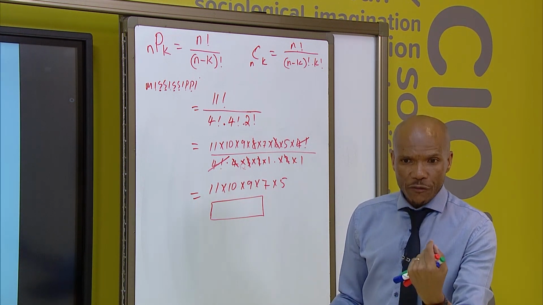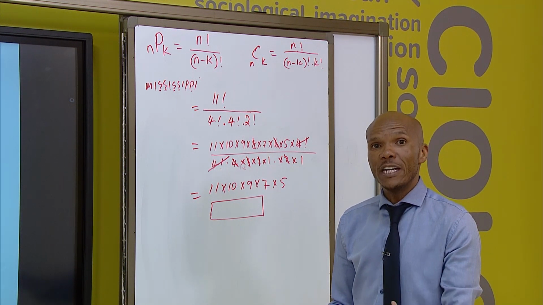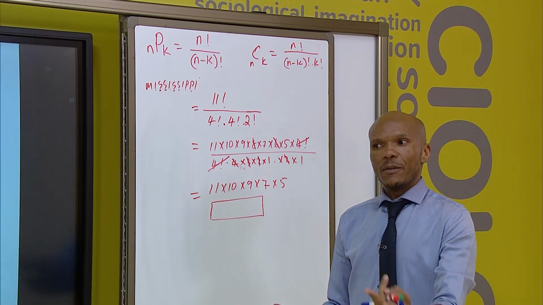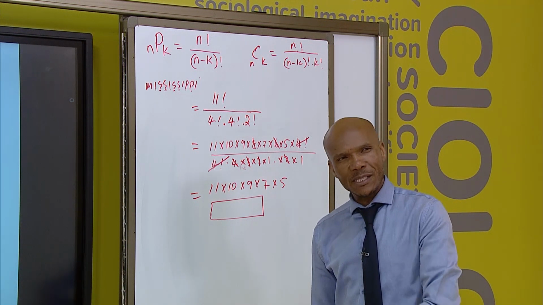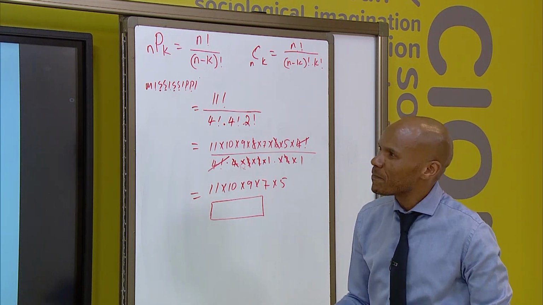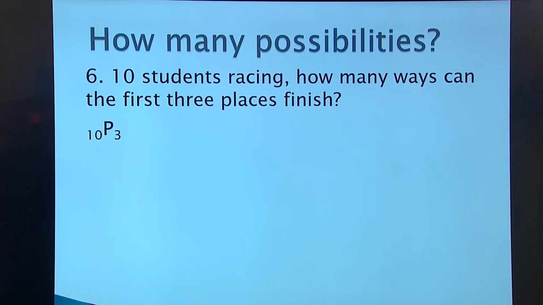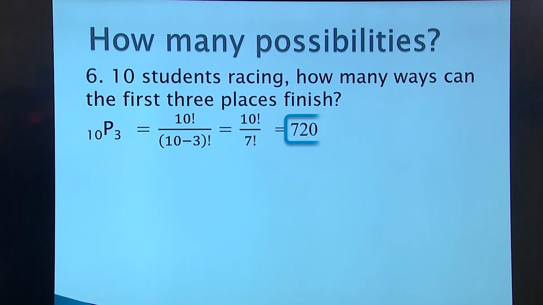Because if you have your number 1, you cannot have the first position taking the second position and the third position. So the order really does matter. So in this case, that will be 10P3. Then using the formula, that would be 10 factorial divided by (10 minus 3) factorial. That would be 10 factorial divided by 7 factorial, and that's going to give you 720 ways.